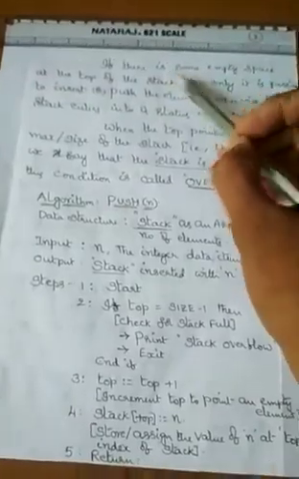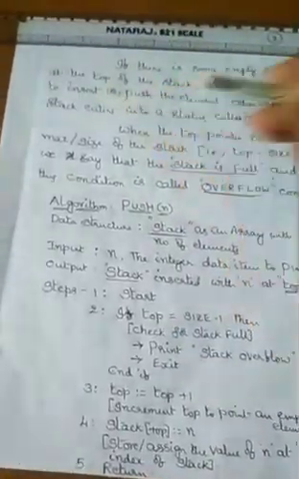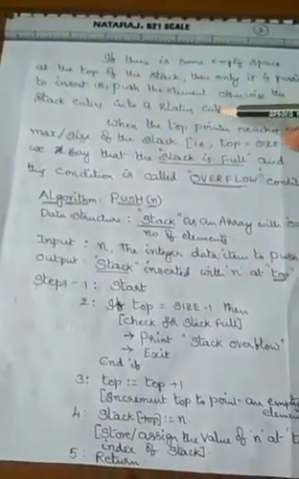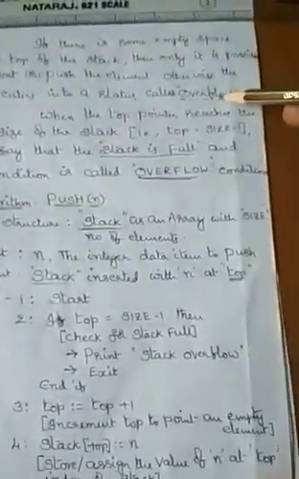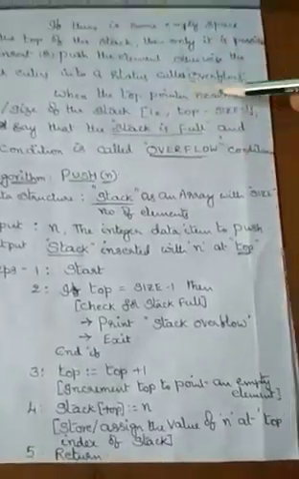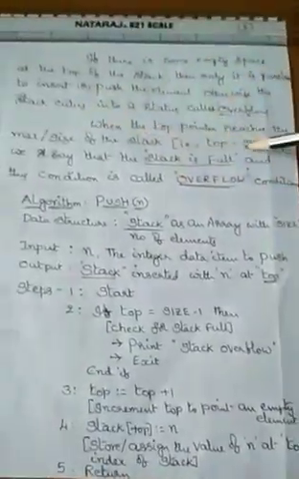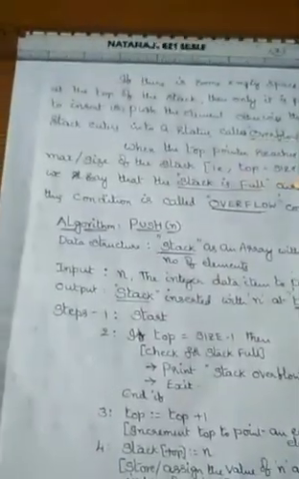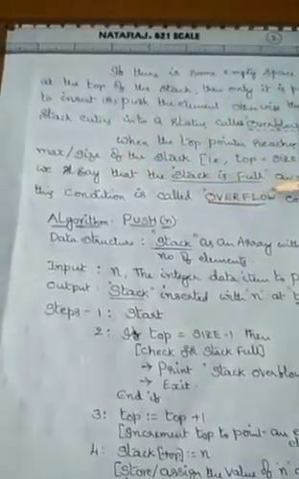If there is some space at the top of the stack, then only it is possible to push the element. Otherwise, the stack enters a state called overflow. So when the top pointer reaches the maximum size of the stack, that is top equal to size -1, we say that the stack is full, and this condition is called the overflow condition.